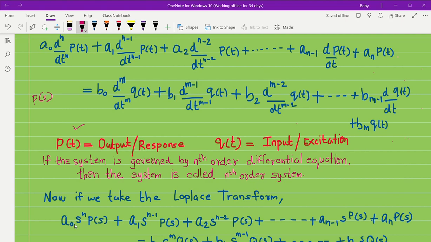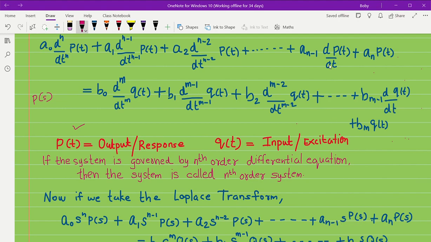a0 s power n p of s plus a1 s power n minus 1. So here the second term is the n minus 1th derivative, so it will be a1 s power n minus 1 of p of s. Similarly, a2 s power n minus 2 of p of s plus etc., a n minus 1 s of p of s.